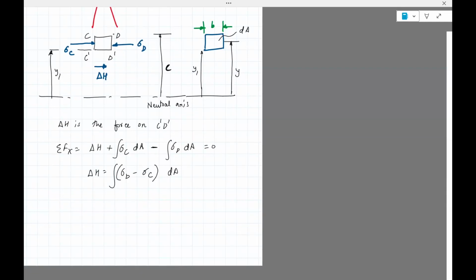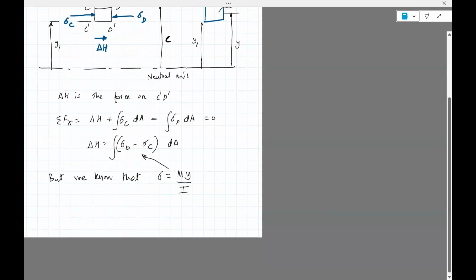But we know that sigma is M y divided by I. This is something which we derived earlier. So we can just substitute this in here.